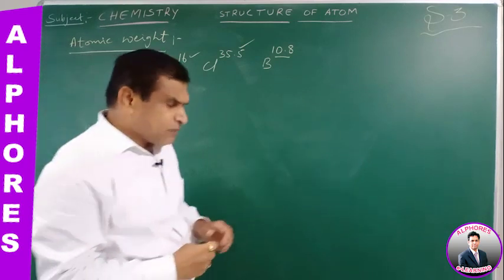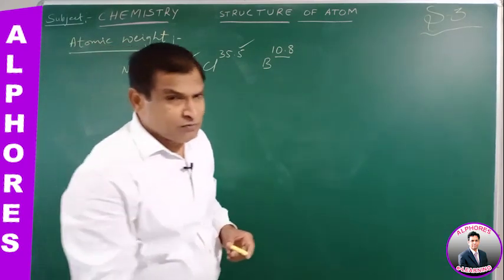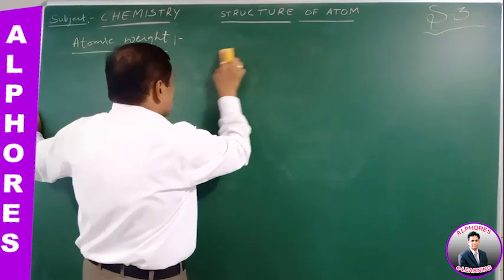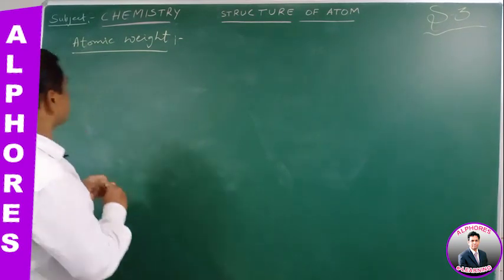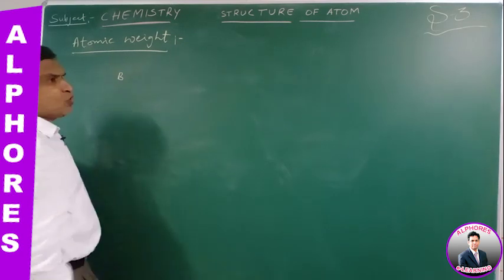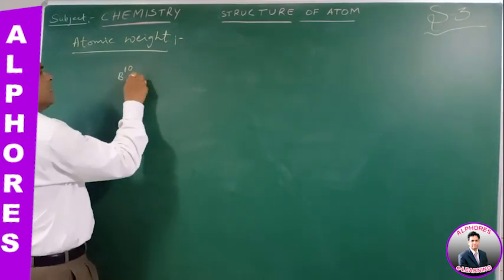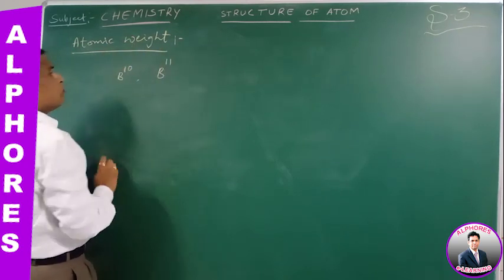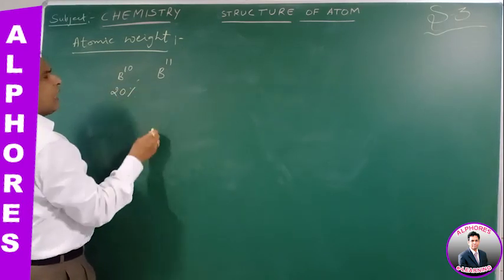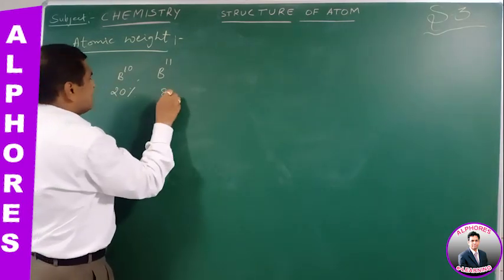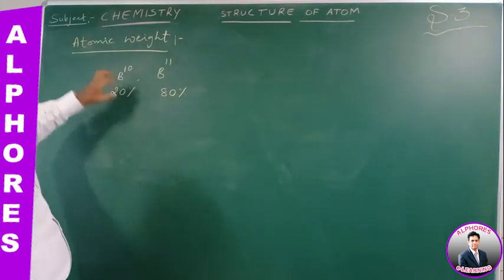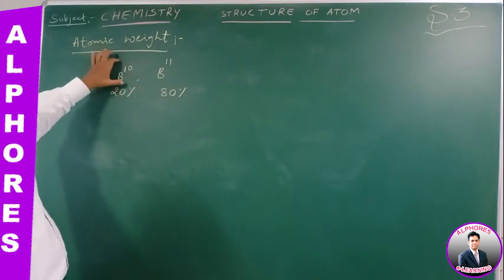Now let us see some examples of how to calculate the atomic weight of elements, as the average of isotopic masses. Let us take the first example: boron naturally occurs in two isotopic forms, boron 10 and boron 11.